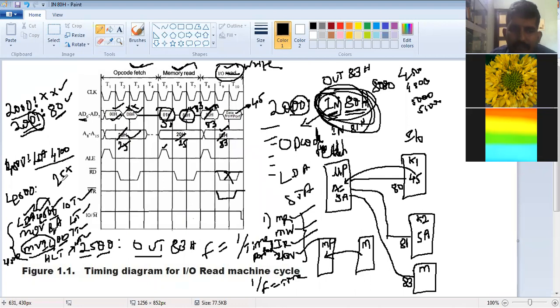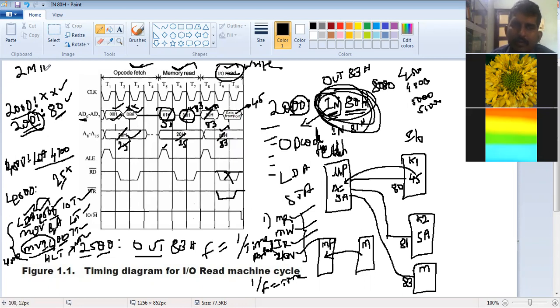So this many T states, into what should I multiply? Shall I multiply 1 by frequency? So that what I will get? Total time period. Okay, so your microprocessor is working with, consider, 2 megahertz.